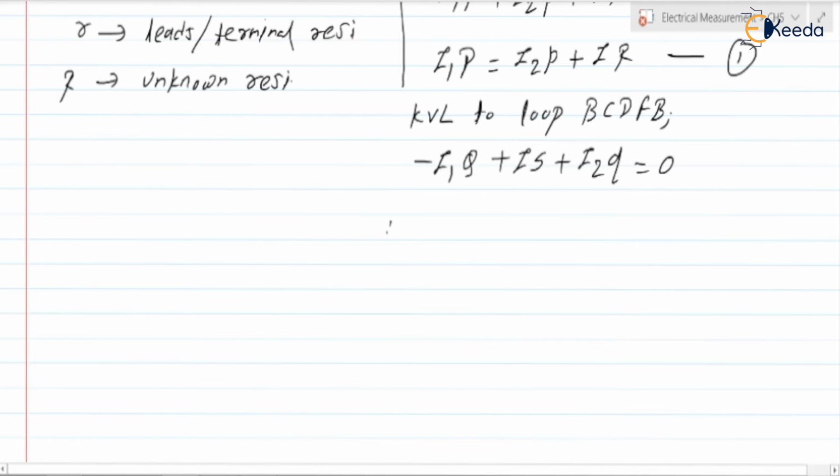So from this we can write I1 into Q is equal to I into S plus I2 into small q. Consider it as equation number 2.